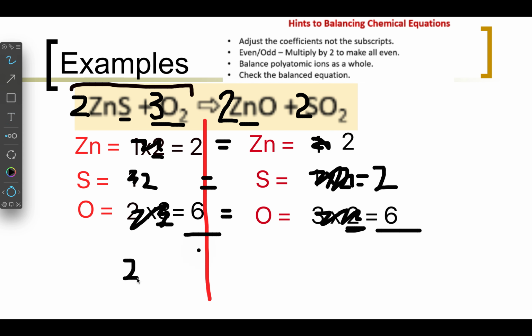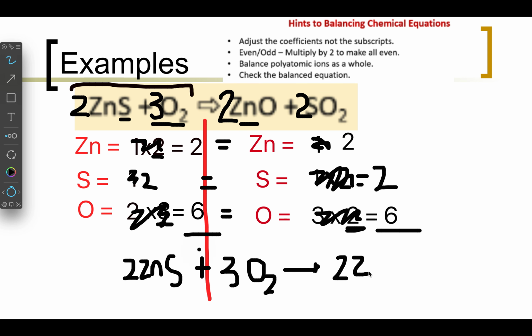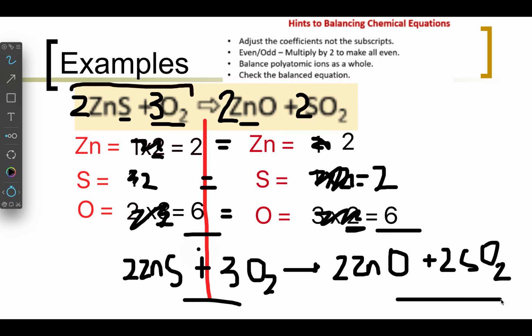So we have 2 ZnS plus 3 O2 turns into 2 ZnO plus 2 SO2. And we know from looking up here that everything is equal on this side of the equation and on this side of the equation. Yay, we're done.